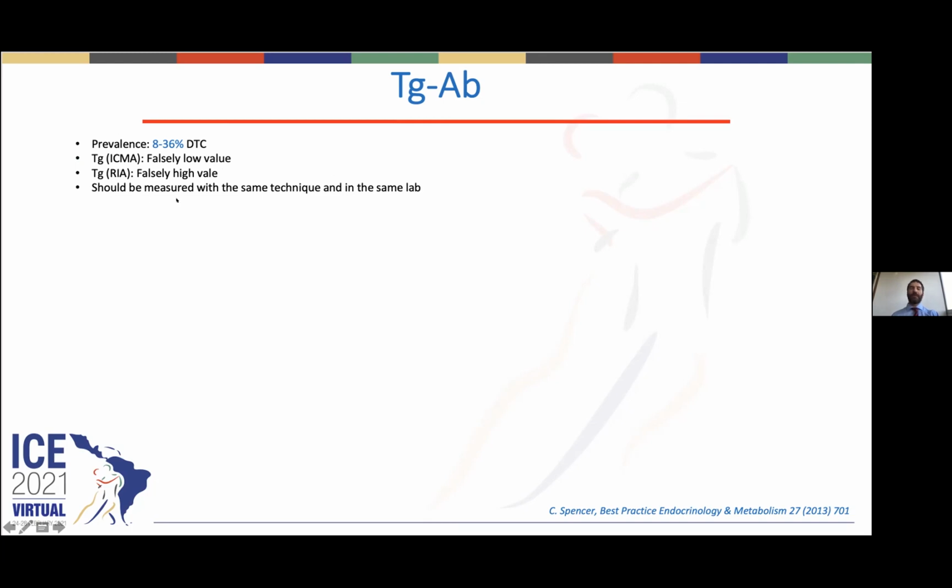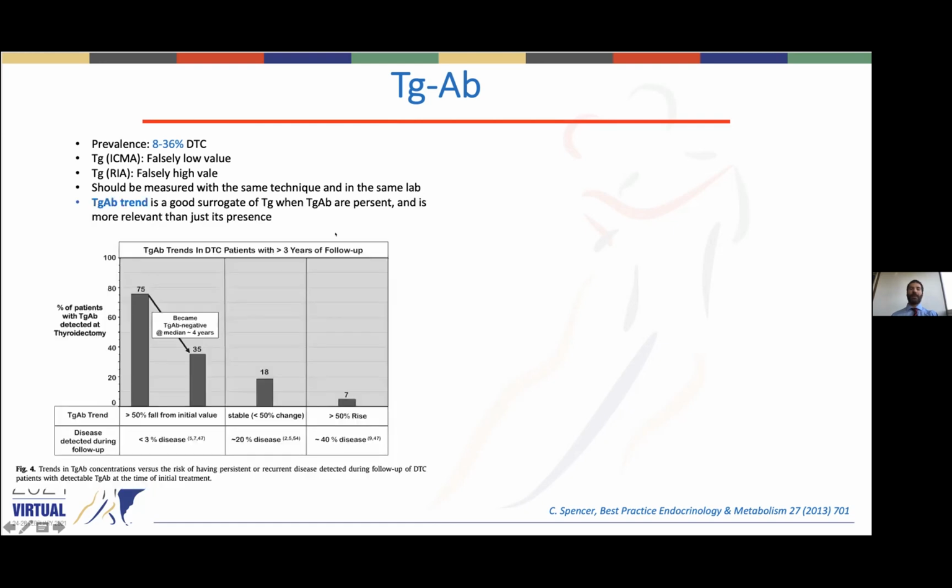It is important to know that thyroglobulin antibodies should be measured with the same technique and also in the same lab. And this is because the thyroglobulin antibody strength is a very good surrogate of thyroglobulin when they are present. And it's more relevant than just the presence of thyroglobulin antibodies.